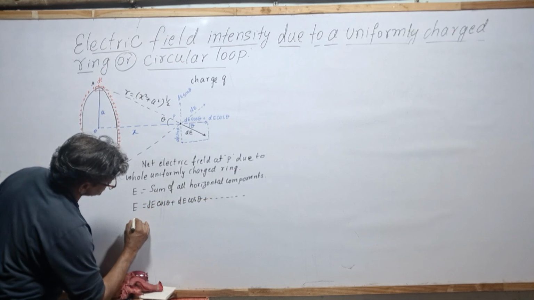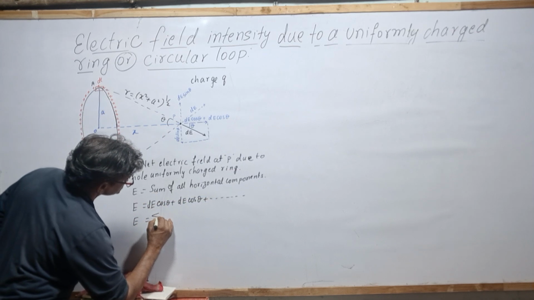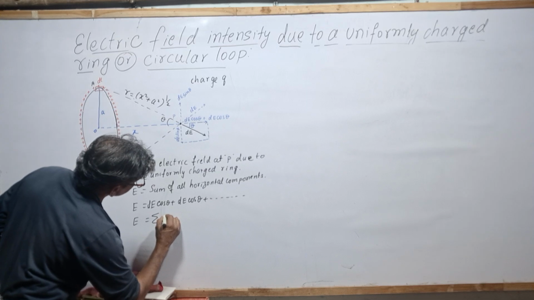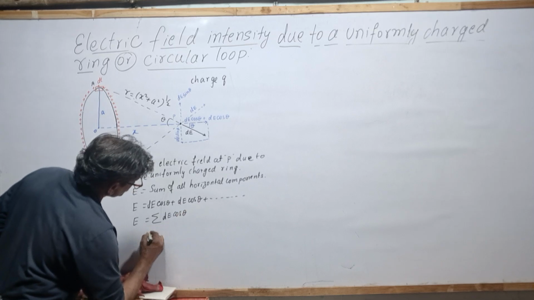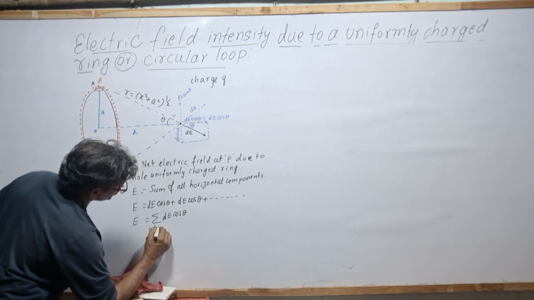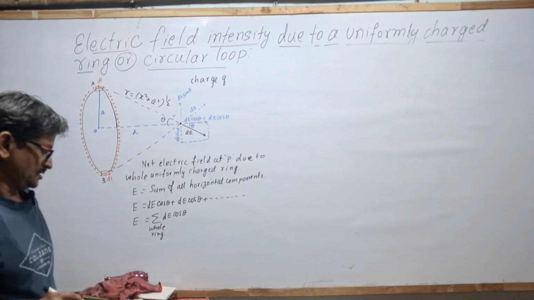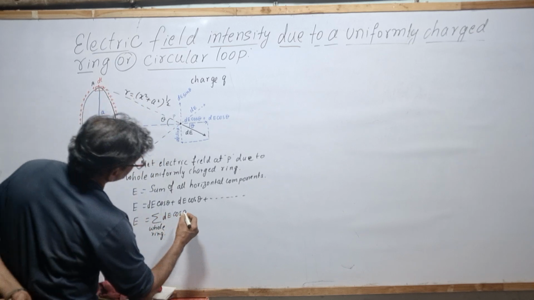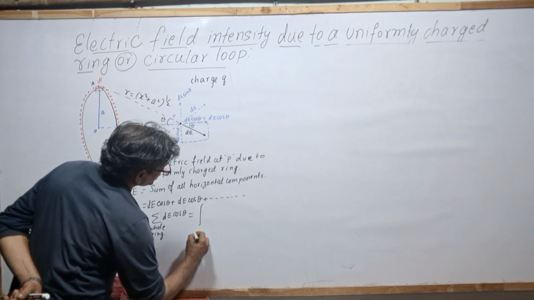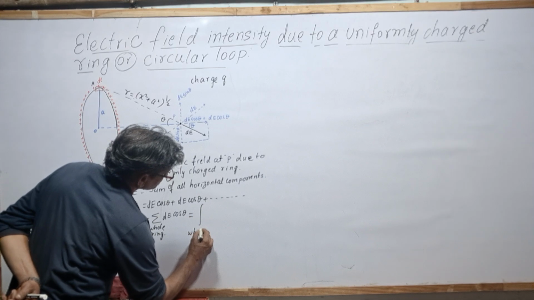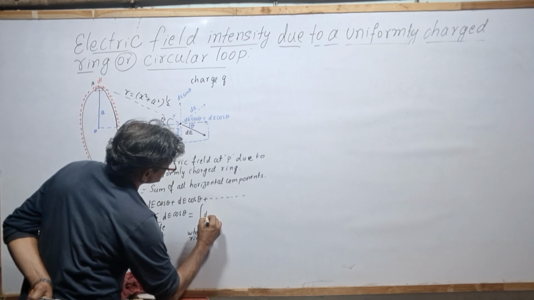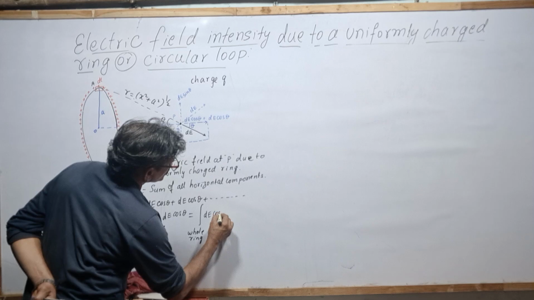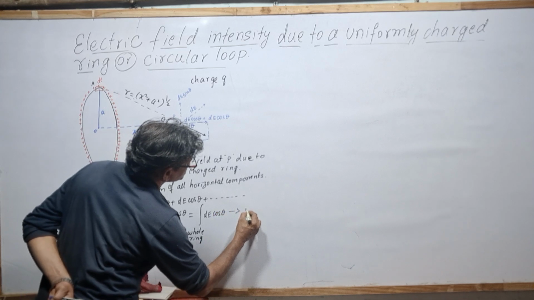Instead of writing this form, we can write sigma dE cos theta over the whole ring, and the same we can write in integral form: the integral over the whole ring of dE cos theta. Take this as equation 1.